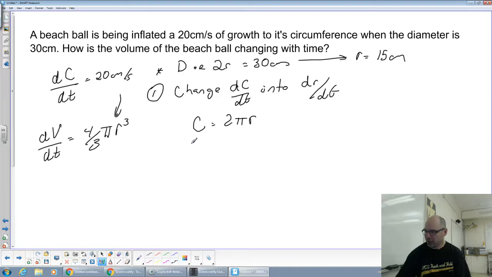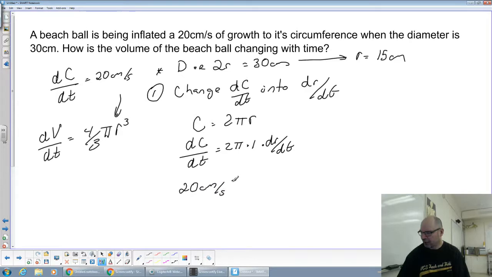Then we take the derivative of this: dC/dt equals 2 pi times 1 times dr/dt. Now we're going to solve for this. So 20 centimeters a second equals 2 pi times dr/dt. We simply divide both sides by 2 pi, so 20 centimeters divided by 2 pi.